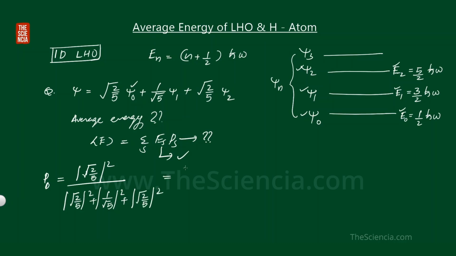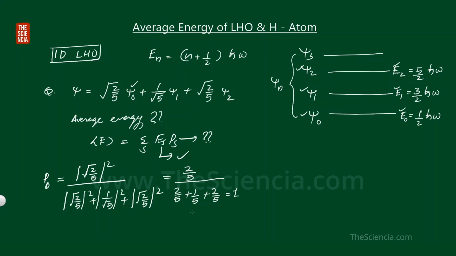So this is 2 by 5 divided by 2 by 5 plus 1 by 5 plus 2 by 5, which is equal to 1. That is, this wave function is also normalized. Only a normalized wave function can represent a real particle.